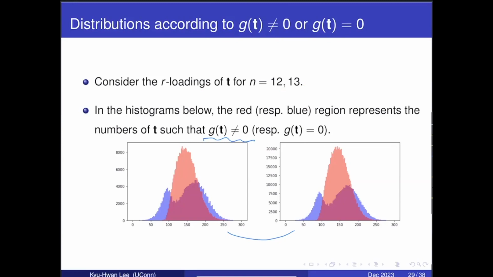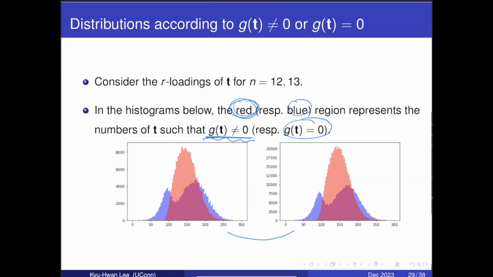When you separate the region by color according to the Kronecker coefficient being zero or non-zero, then you see these histograms. Here, red represents the case when the Kronecker coefficient is non-zero, and blue represents the case when the Kronecker coefficient is zero. Then these two regions are separated, but not quite.